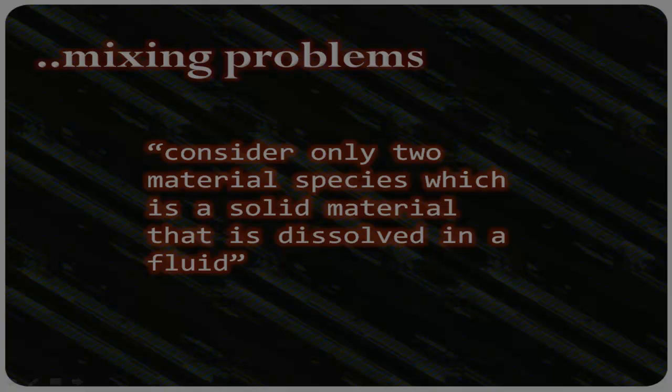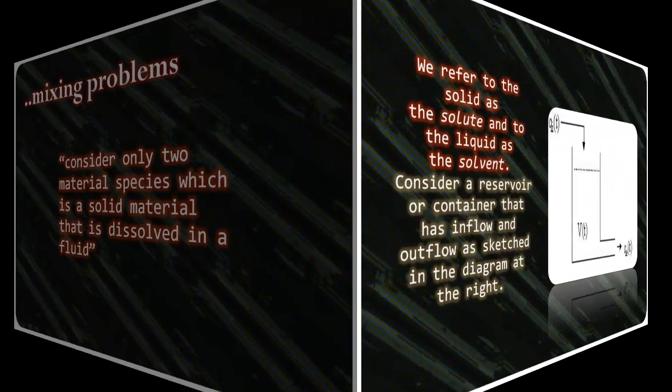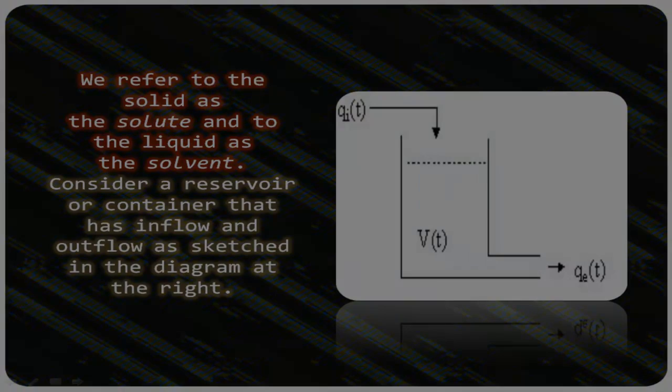Consider only two material species, which is a solid material that is dissolved in a fluid. We refer to the solid as a solute and to the liquid as a solvent. Consider a reservoir or container that has inflow and outflow as sketched in the diagram at the right.